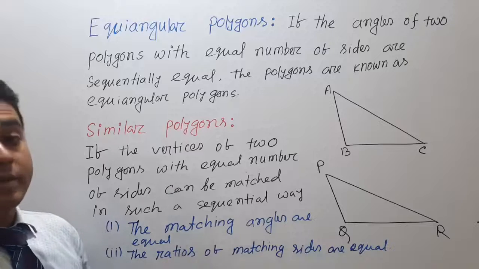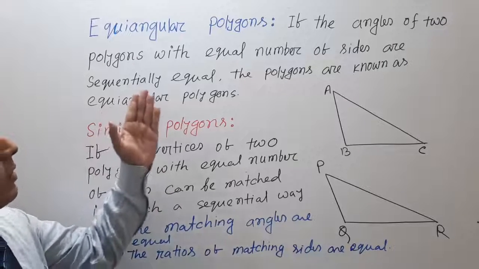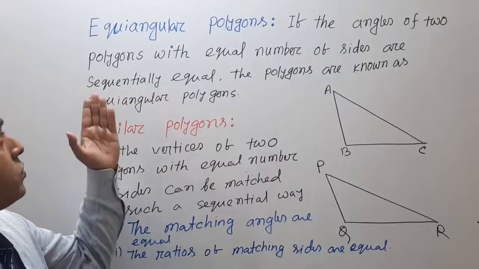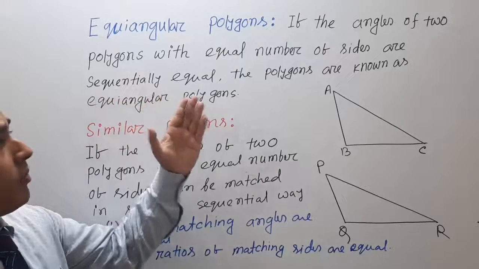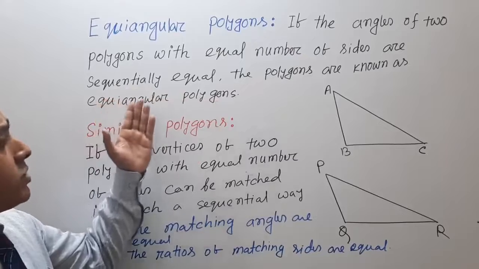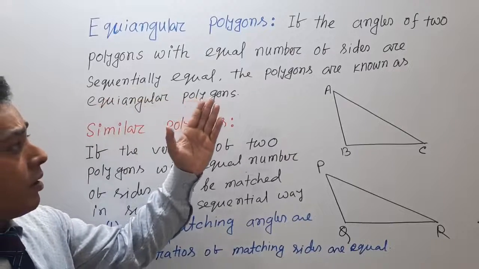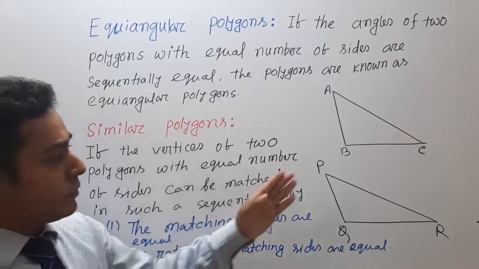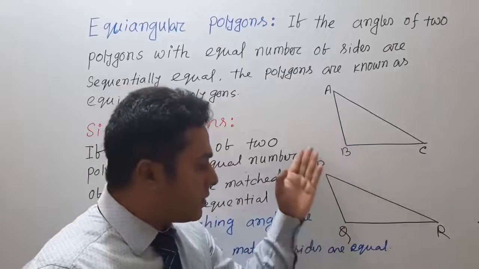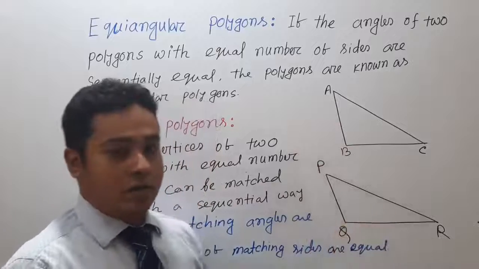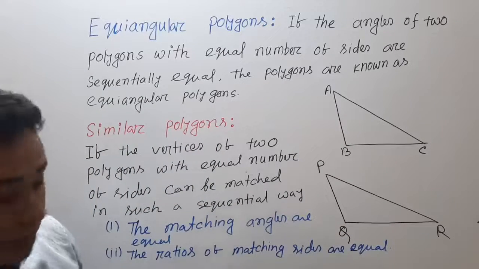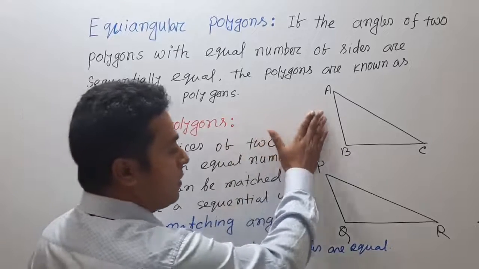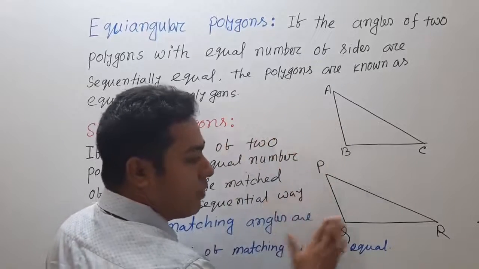Now similarity, equiangular polygons. If the angles of two polygons with an equal number of sides are sequentially equal, then the polygons are known as equiangular polygons. Consider triangle ABC and triangle PQR.